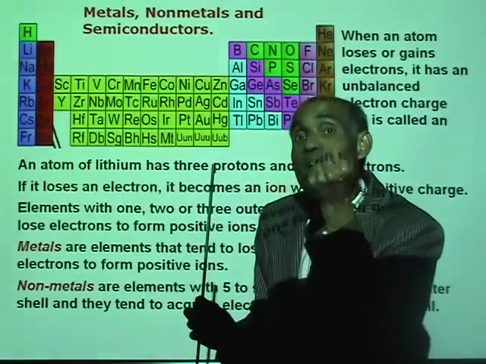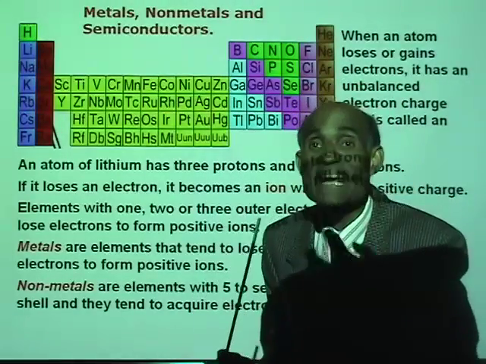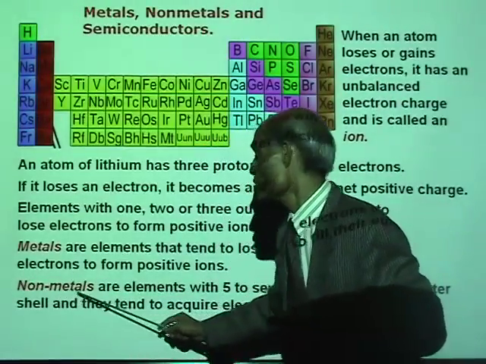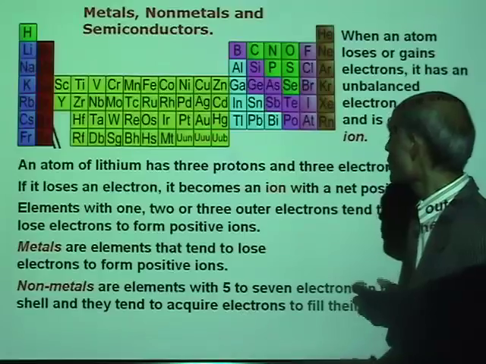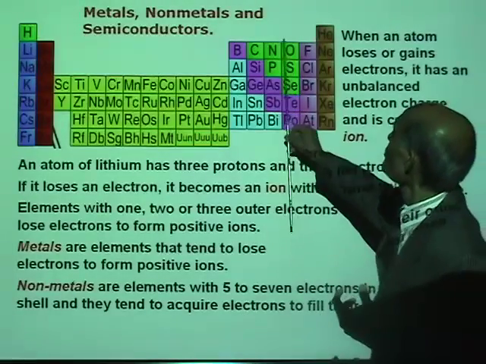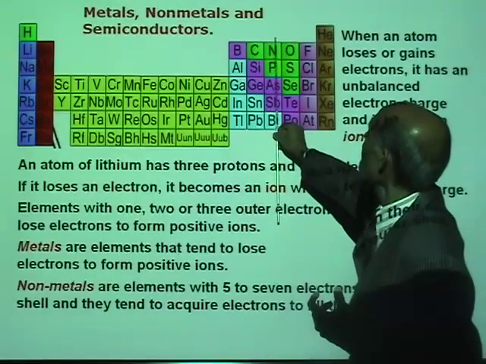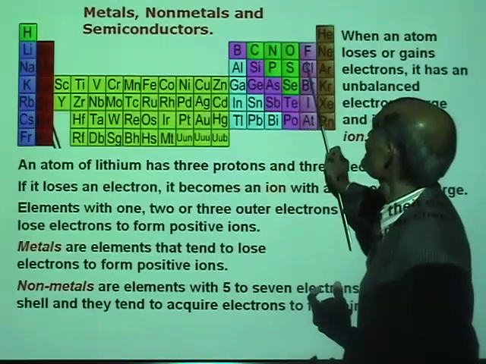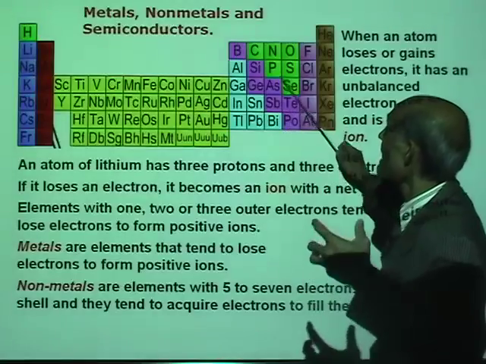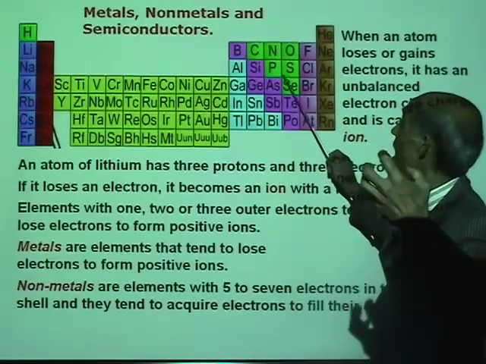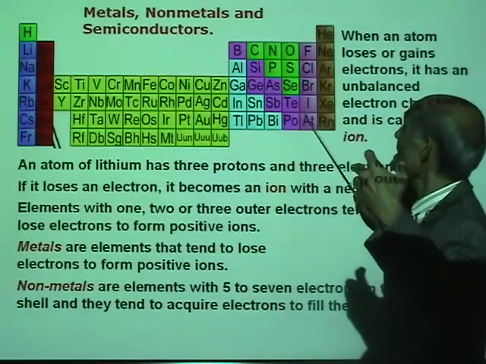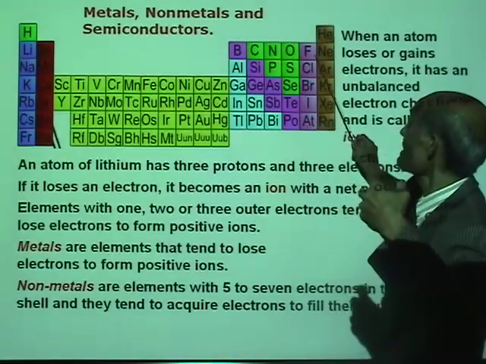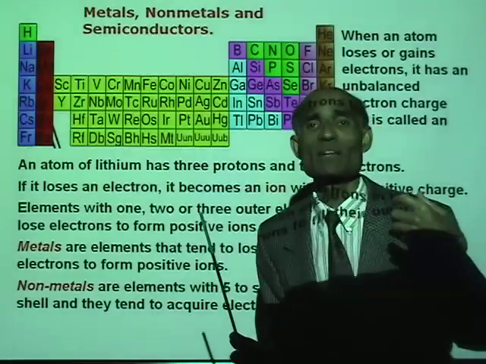They tend to gain electrons, becoming negative ions. They are called non-metals. Non-metals are elements with 5 to 7 electrons in the outer shell. You see, if you look here, from this group onwards, they have 5, 6, 7. This group has 5 electrons in the outer shell. This group has 6 electrons in the outer shell. And this group has 7 electrons in the outer shell.